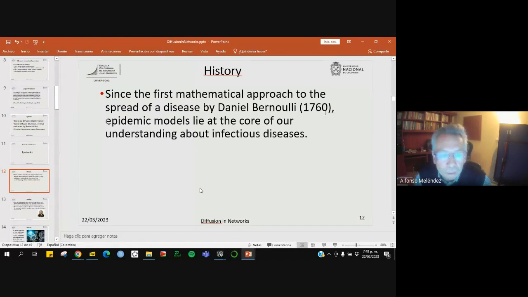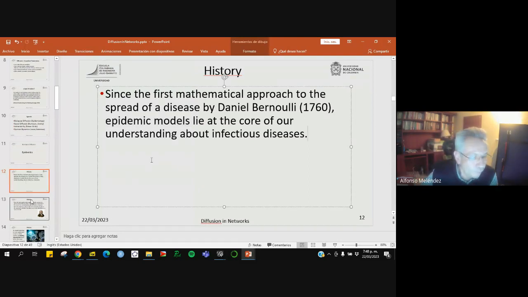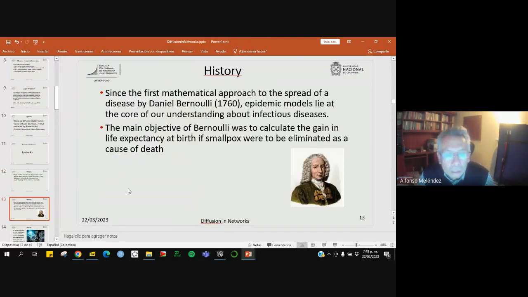These epidemic models are very important. The main objective of Bernoulli was to calculate the gain in life expectancy at birth if smallpox were to be eliminated as a cause of death.